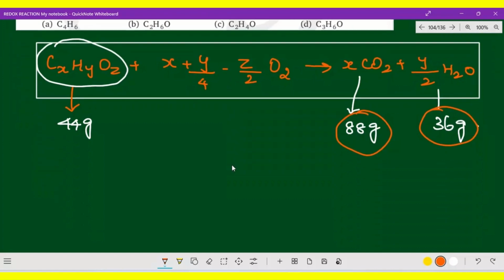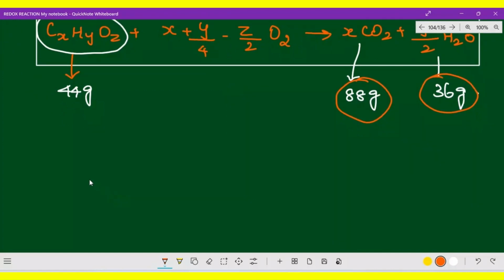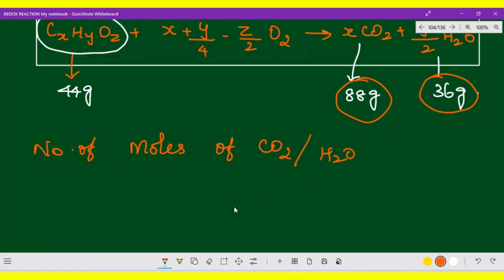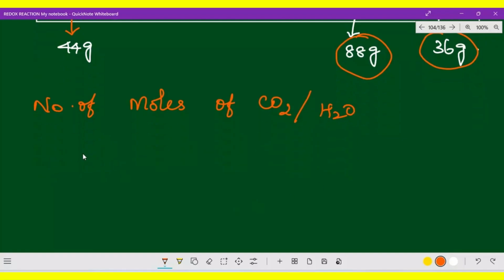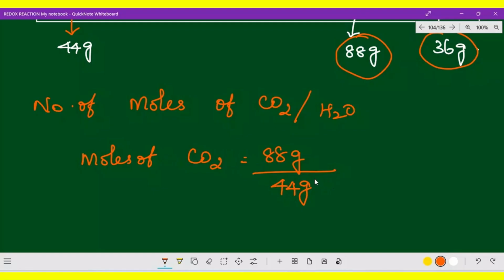Come on, let us discuss the number of moles to identify. Number of moles of carbon dioxide and water, right? So moles of carbon dioxide: given mass is 88 gram and molecular mass of carbon dioxide is 44 gram per mole.